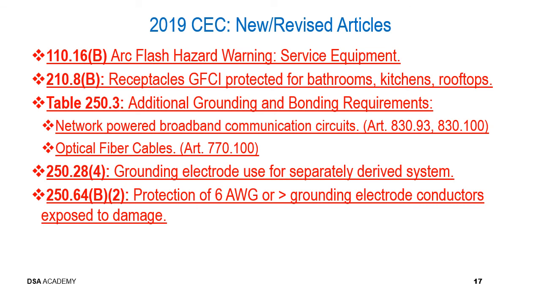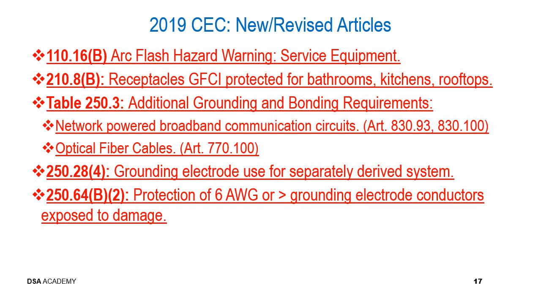Table 250.3, additional grounding and bonding requirements, addresses network-powered broadband communication circuits that relate to Article 830.93 and 830.100, and also optical fiber cables, which relate to Article 770.100.